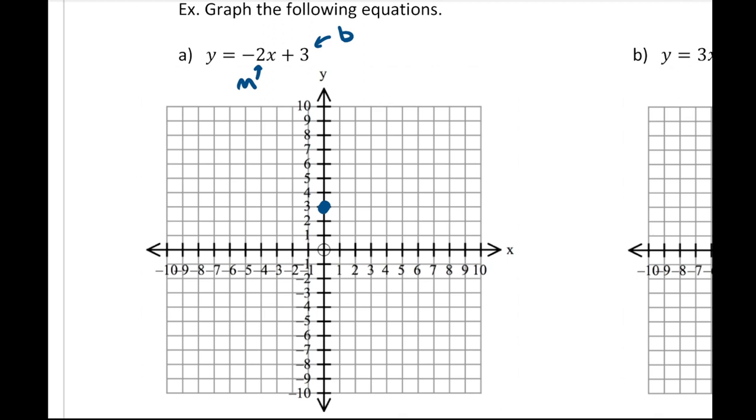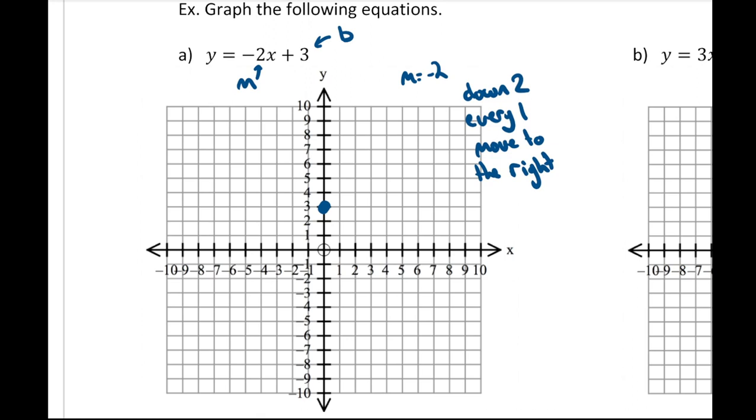That negative 2 basically means down 2 every one move to the right. So every position increase, if I go over to 1, my next point is going to be 2 down from the previous one.